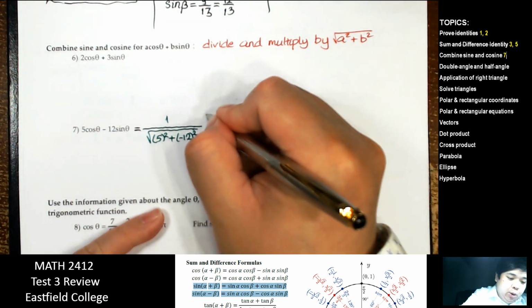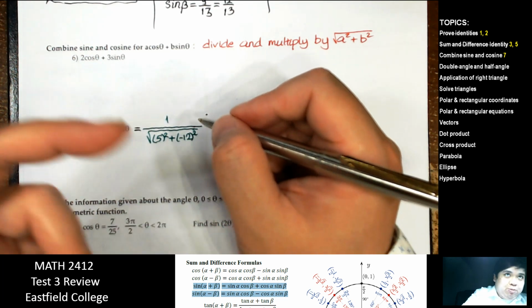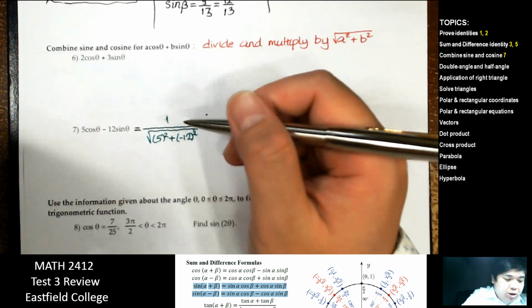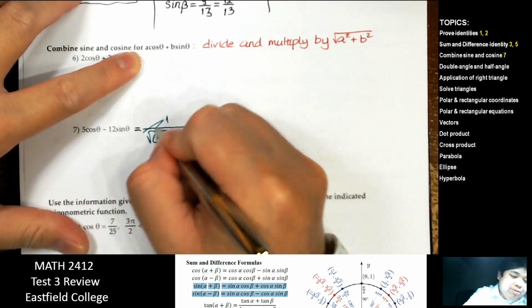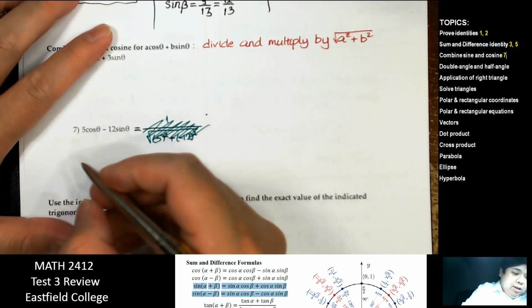Actually, I'm sorry. We divide inside and multiply outside. Sorry. Alright.